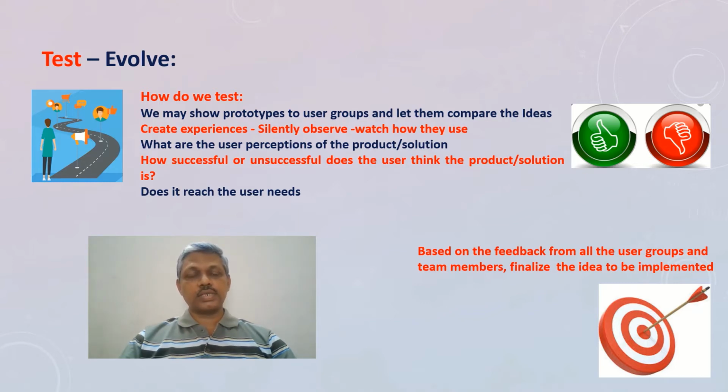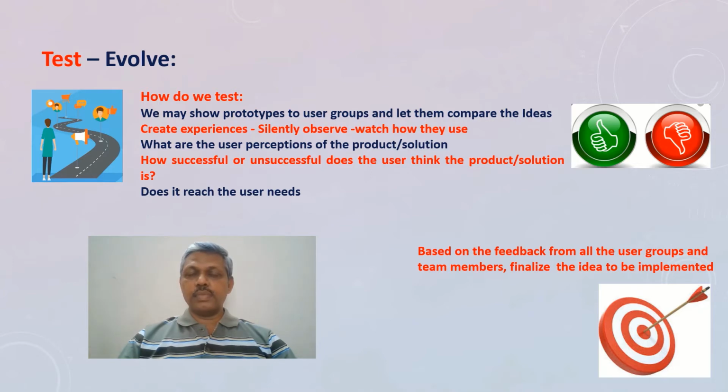We should try to understand how the user is perceiving it, whether the idea is going to be successful or not, which idea is going to be successful, and which feature is going to be successful. So we should focus more on the user's identification of the success and failure at the concept level, the idea level or even the functionality level. And we should be able to gauge whether we are able to reach the user or not through this process. That's very important.